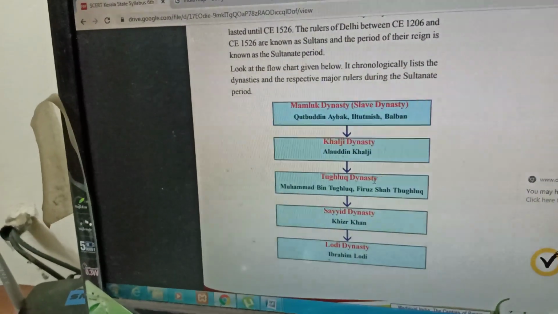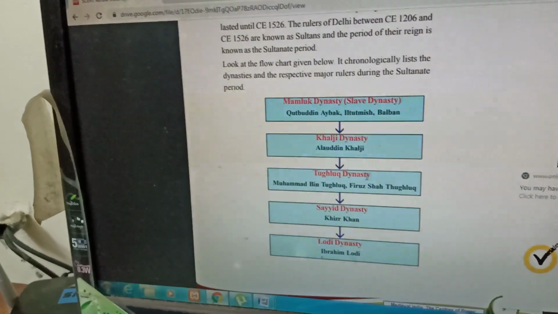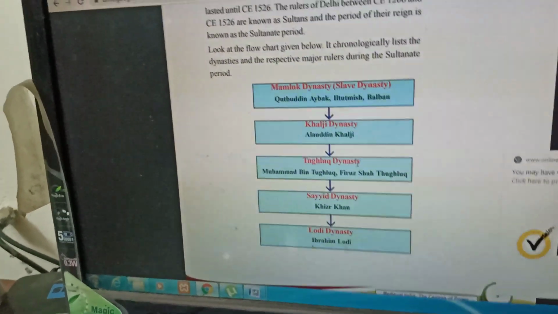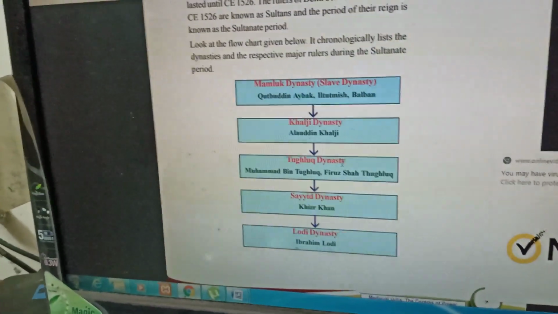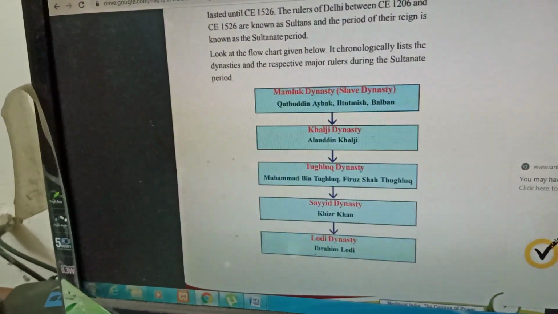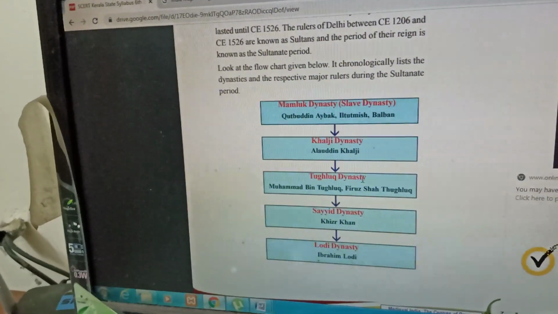The period of reign was from 1206 till 1290. The founder of the Mamluk dynasty was Qutbuddin Aybak, and the major rulers of the Mamluk dynasty were Iltutmish and Balban.